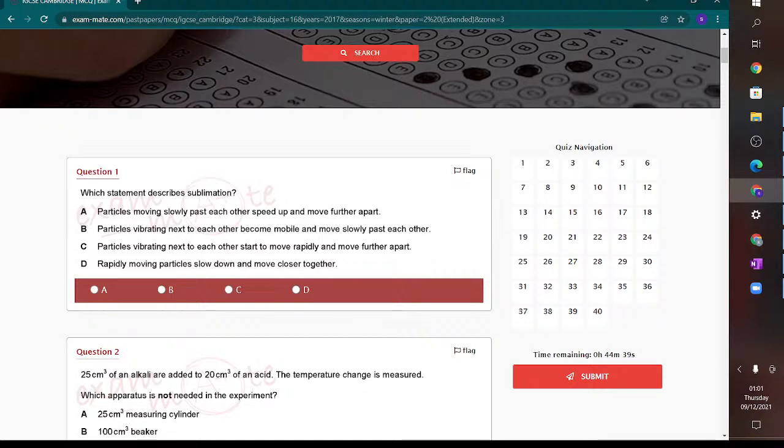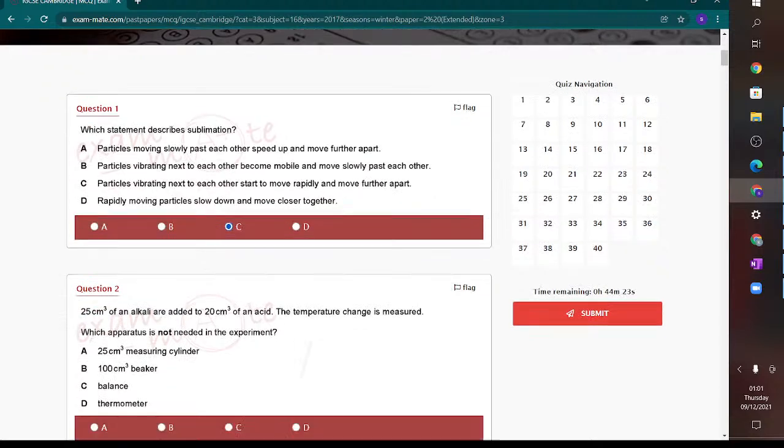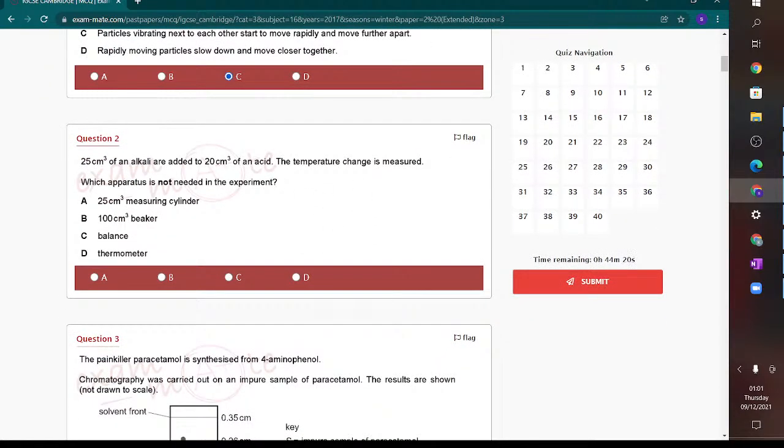Liquid to gas is boiling or evaporation, that's incorrect. Particles vibrating next to each other become mobile and move slowly past each other: that's solid to liquid, that's melting. Particles vibrating next to each other move rapidly and move further apart: yeah, that's right. Gas to solid, solid to gas, my bad.